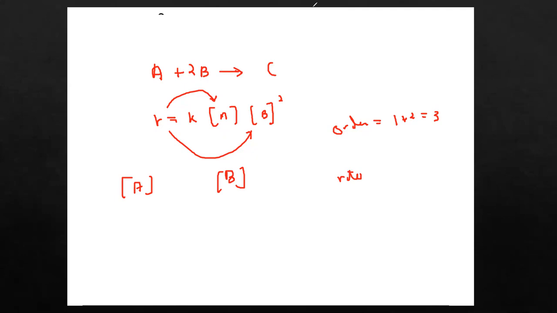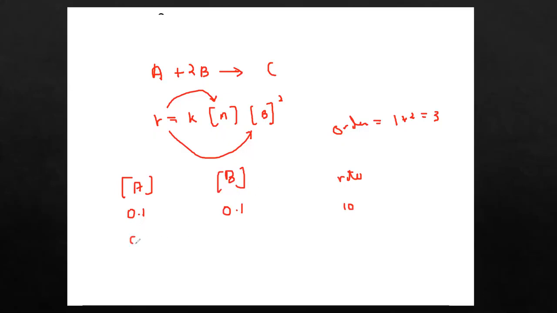You can use the slope also, the change in concentration divided by time. For example, in the beginning we use 0.1 mole per dm cube of A and 0.1 mole per dm cube of B, and the rate was, for example, 10. I'm not writing the units, just the numbers to explain the idea.